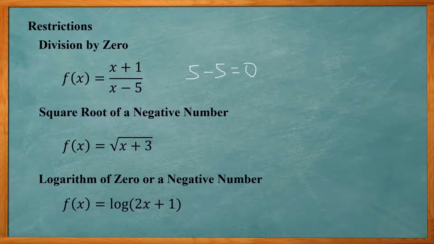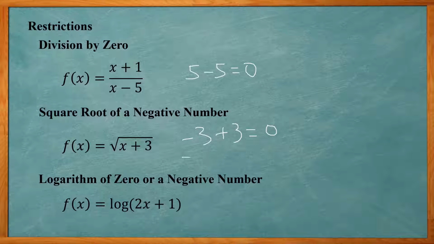Another restriction is when you have a square root of a negative number. Now when you take a square root of a negative number, you get an imaginary number and not a real number. So that's going to be excluded from your domain. So here we got square root of x plus 3. If x was -3, that would give us 0.